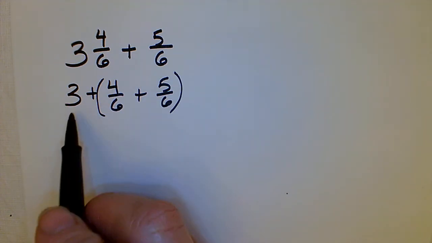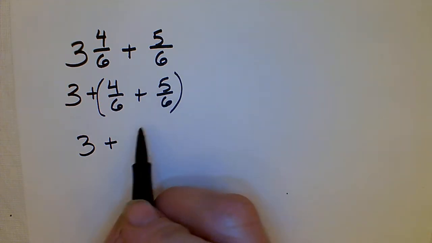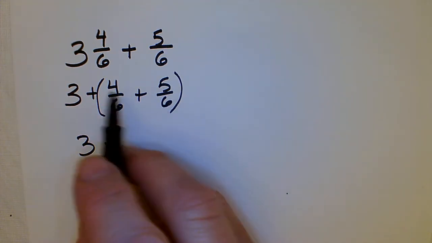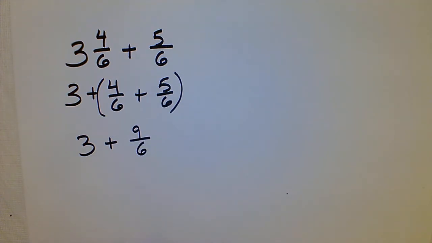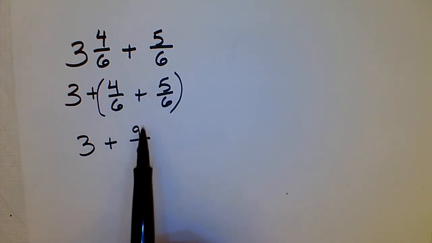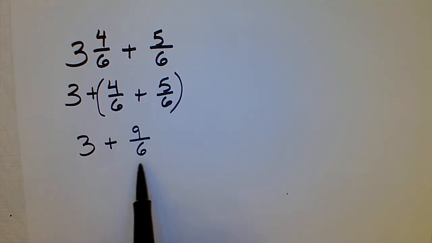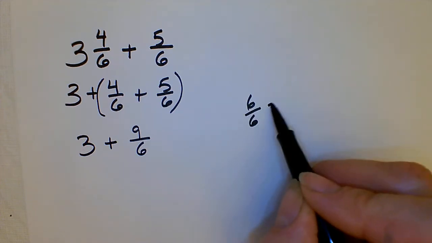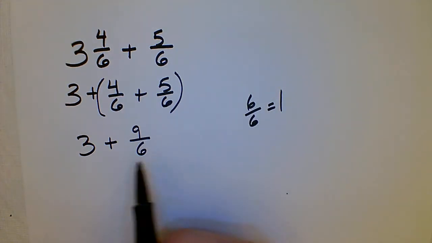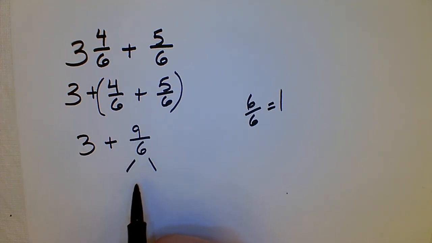So now what I can do is I can say that I have 3 plus 4/6 plus 5/6. So again, our denominators are the same, so let's add the numerators, and we get 9/6. So 4/6 plus 5/6 is 9/6. And again, we have a fraction greater than 1. And in this case, our denominator is 6, so my rule is going to be that 6/6 is equal to 1. And so what I can do is I can go ahead and I can split this into, we're trying to convert it into a mixed number.